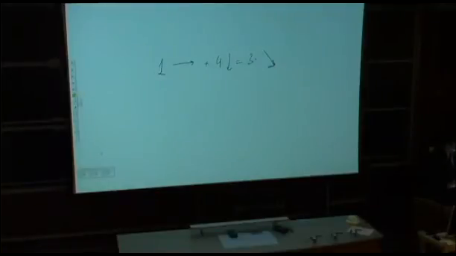Well, that's what we're looking for. So everything divided by 3. 1/3 times that arrow plus 4/3 times this arrow should be equal to this arrow.